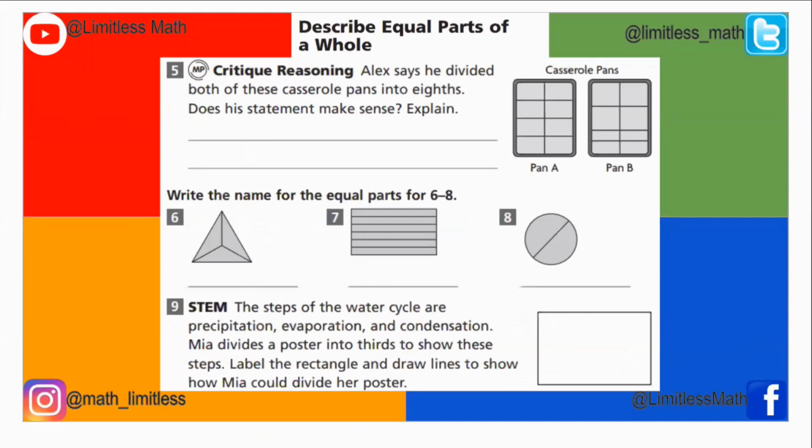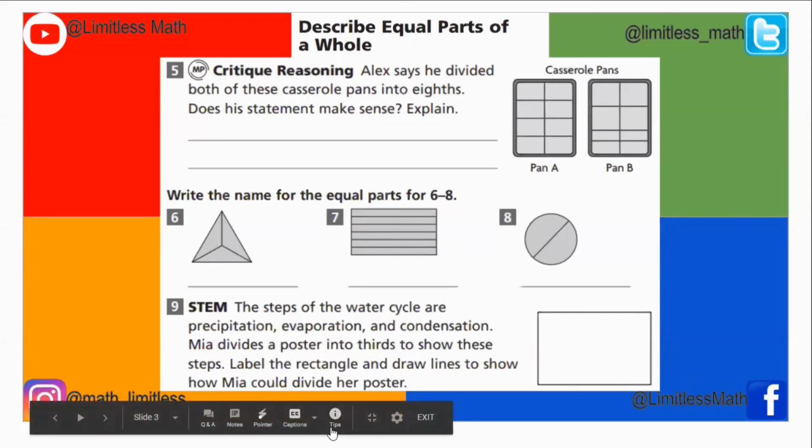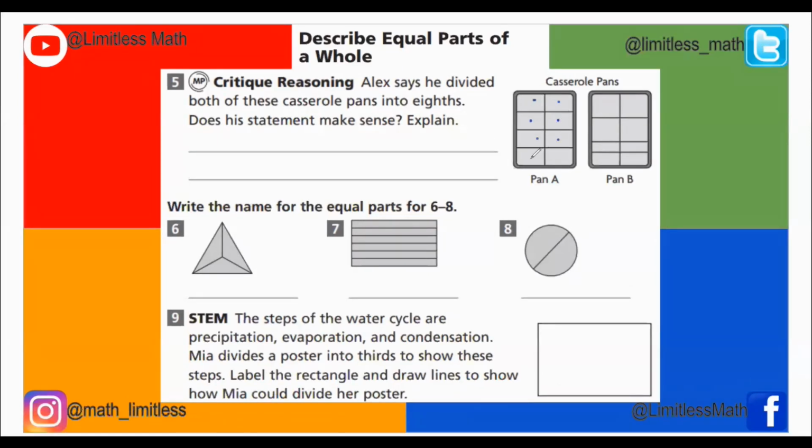Question 5 says, Alex says he divided both of these casserole pans into eighths. Does this statement make sense? Explain. So let's look at pan A and pan B. Pan A, we can see has 1, 2, 3, 4, 5, 6, 7, 8.